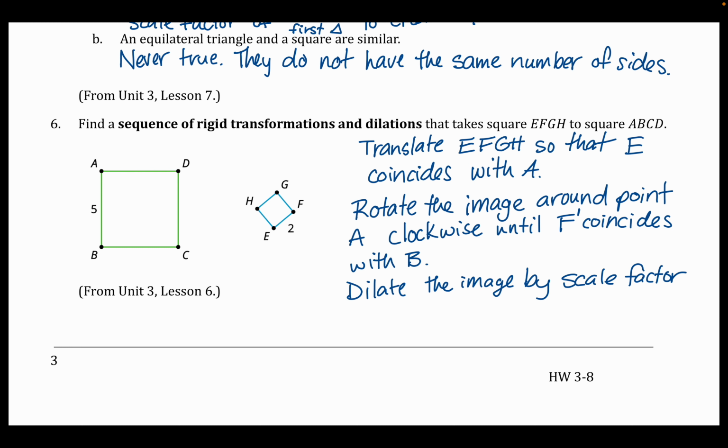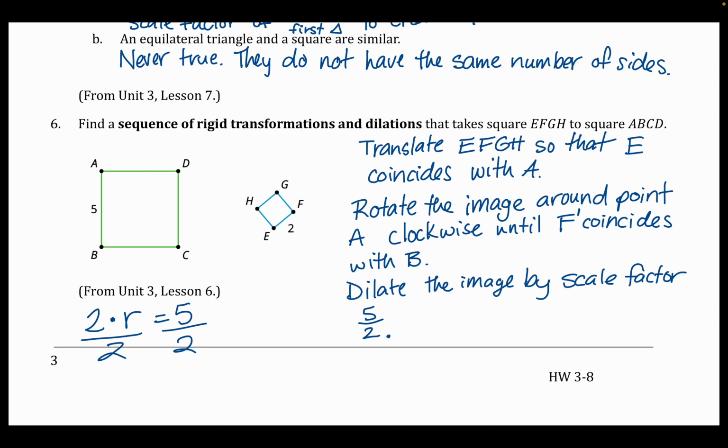It should be our image divided by our pre-image, or the fact that we need our original multiplied by some sort of scale factor to equal 5. Divide both sides by 2. We're going to use 5 over 2. So dilate the image by scale factor 5 over 2 would be our last.